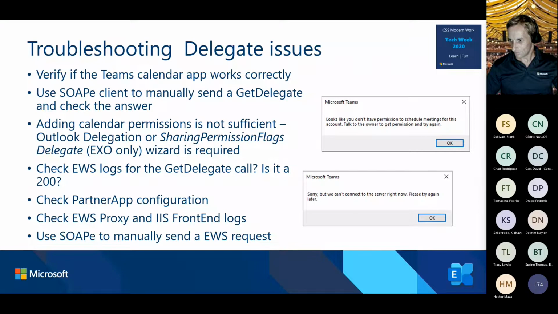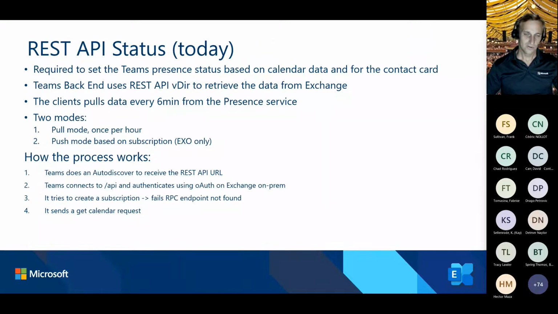And coming to the last scenario, which is all related to the REST API. As of today, September 2022, as mentioned earlier, the Teams presence service is running in Office 365, and that provides the presence information to the Teams client based on calendar data.